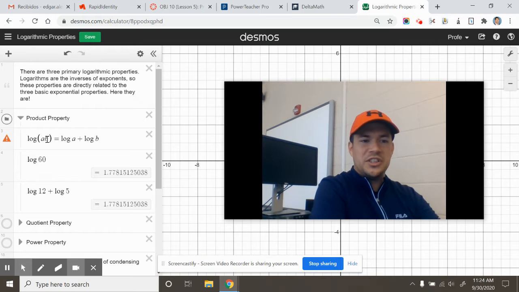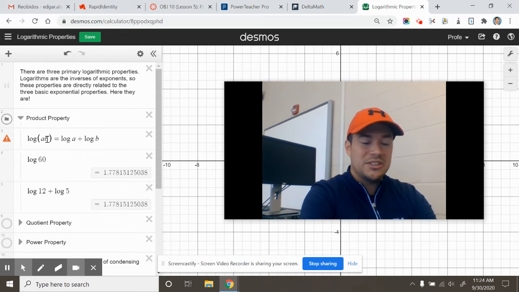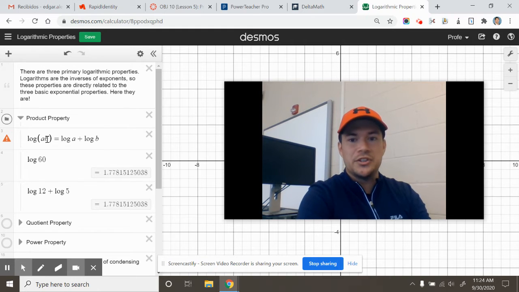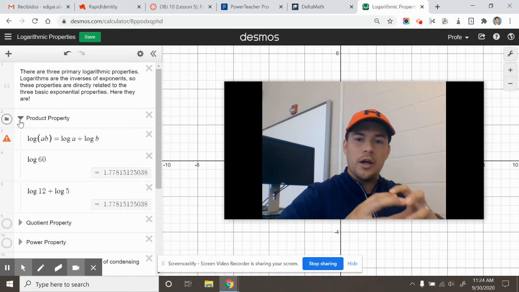But basically, the log of 60, which is approximately 1.78, is the same as saying log of 12 plus log of 5, because you've broken it down to the individual factors and written it as an addition statement. So log of 60 is log of 12 plus log of 5, and the calculator there proves it to you. So that's the product property. You can split up a logarithm based on the factors of the product.